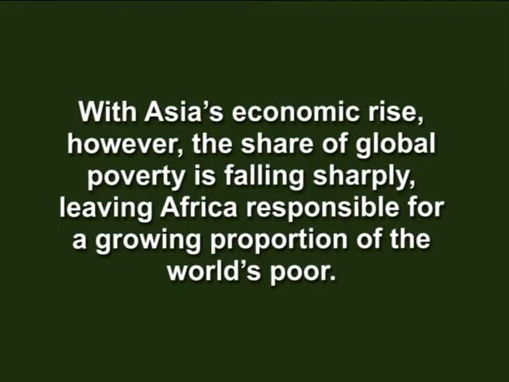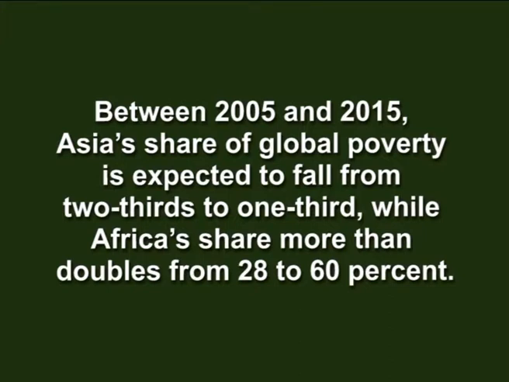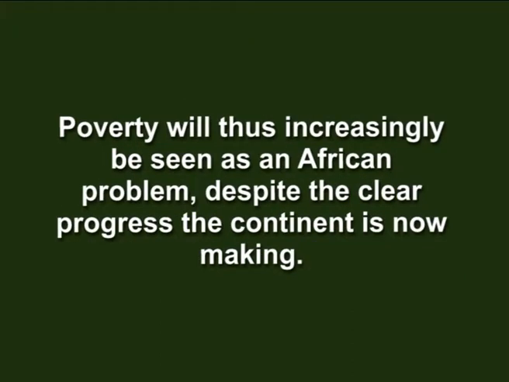With Asia's economic rise, however, the share of global poverty is falling sharply, leaving Africa responsible for a growing proportion of the world's poor. Between 2005 and 2015, Asia's share of global poverty is expected to fall from 2/3 to 1/3, while Africa's share more than doubles, from 28 to 60%. Poverty will thus increasingly be seen as an African problem, despite the clear progress the continent is now making.